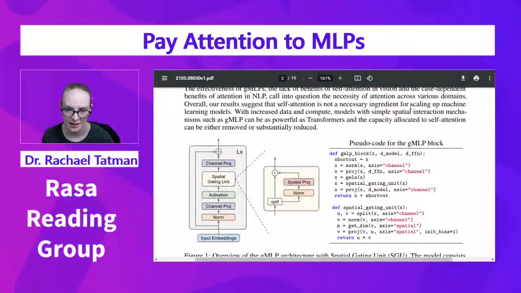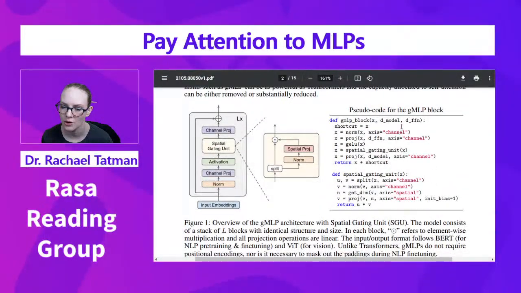So that's this, right? So this one is the spatial gating unit. So normalization, projection, and then, you know, doing the, my brain keeps giving me the word attention, and that's not the word that I'm looking for.